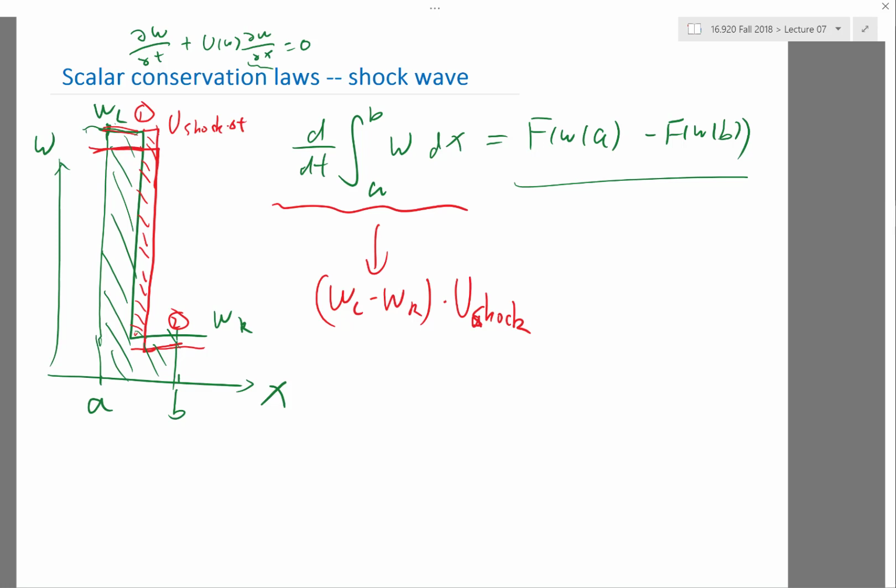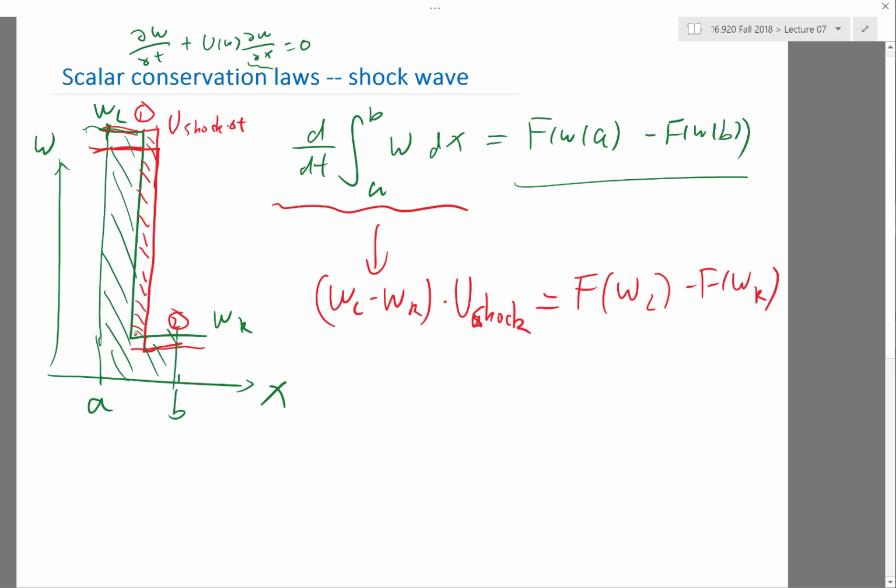That multiplied by the difference between WL and WR is the increment in the area. So the rate of increment in the area is U shock times WL minus WR. Agreed? That's actually equal to F(WL) minus F(WR).